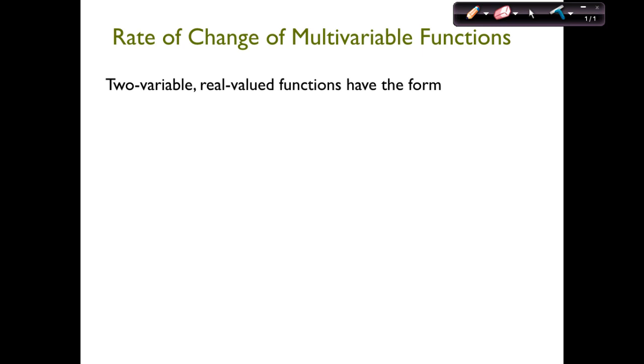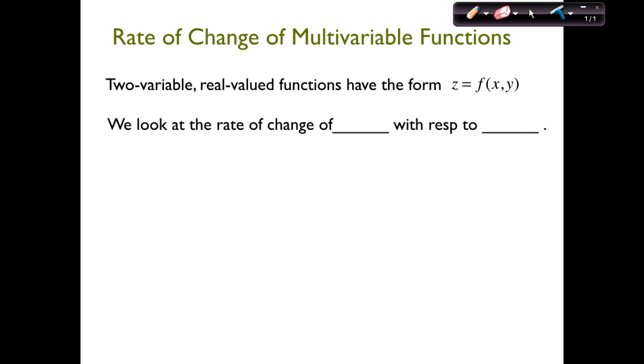Okay, so what does that mean for a two-variable real-valued function? That's what we're talking about now: these two-variable, or multivariable, functions. They have the form z equals f of x, y. So what will we look at? We'll look at the rate of change of what with respect to what? Which variable with respect to which variable?